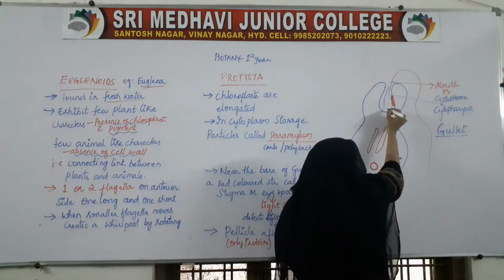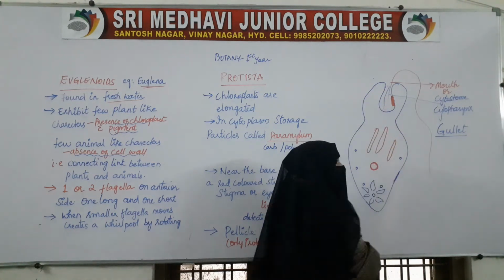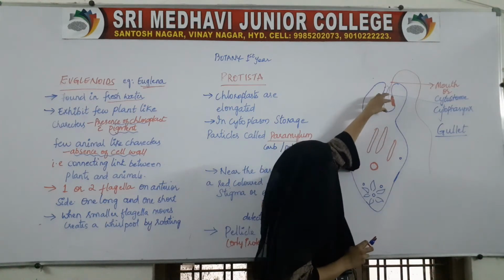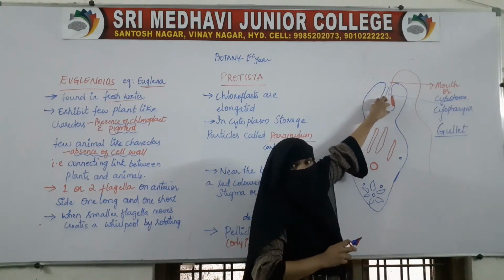Here at the base, this is called the reservoir. So cytostome, cytopharynx, that is the passage, and the space is called the reservoir.